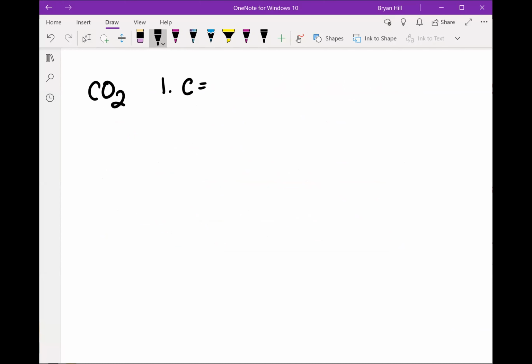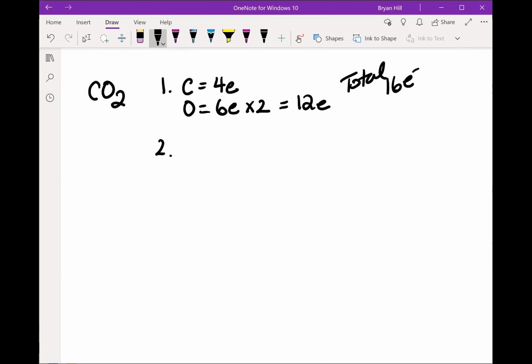Carbon has got 4, and oxygen has got 6, but there's 2 of them, so this will equal 12. So our total will be 16 electrons. Second step: the atom with the highest bonding capacity should be in the center. That's going to be carbon, and we are going to put the atoms on the periphery, which is oxygen, and connect them with a single bond.